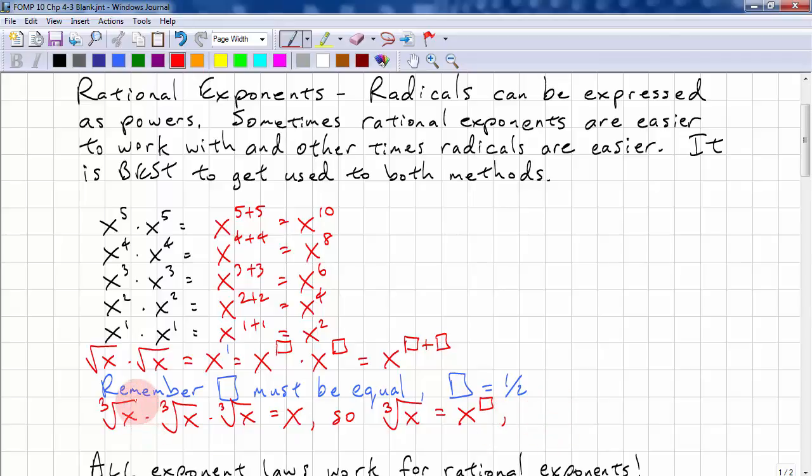That must mean we have a third plus a third plus a third equals 1. So equals 1/3. And take a guess at what the fourth root of x equals. I know we haven't done those yet, but this is x to the power of 1/4.